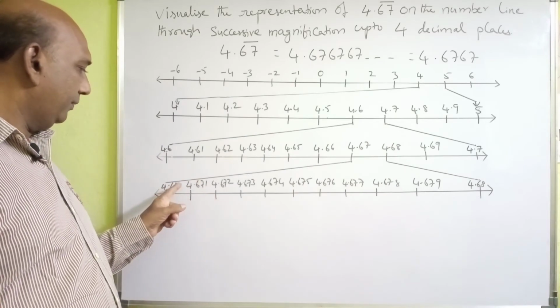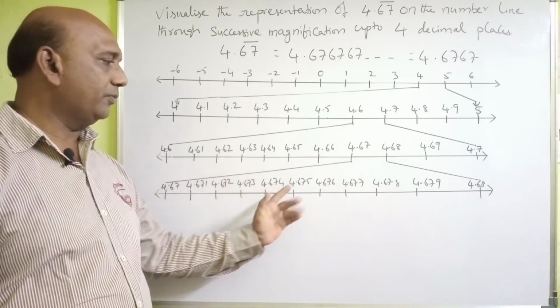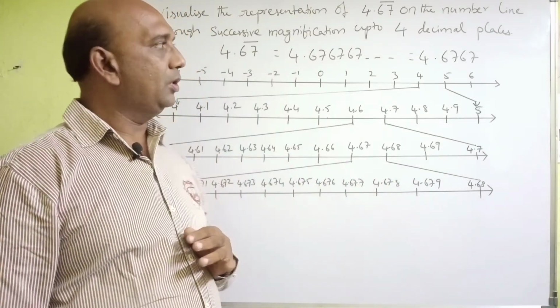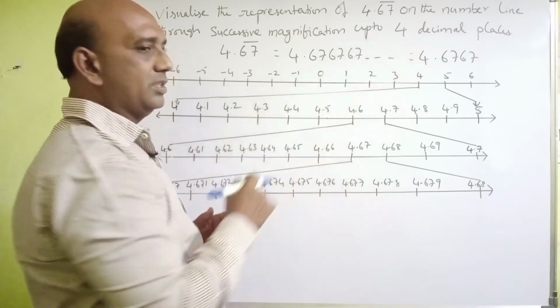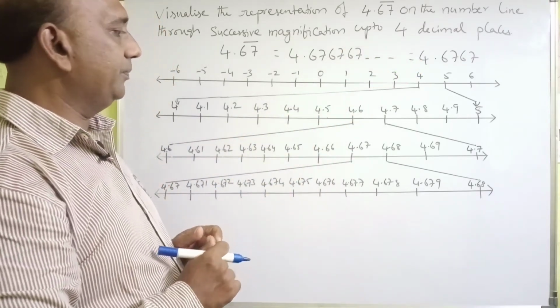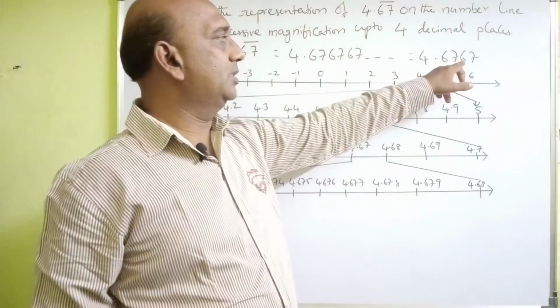So those are 4.671, 4.672, 4.673, 4.674 and so on, 4.679. Now 4.6767 is the given number. Now look at the third digit after decimal, that is 6.